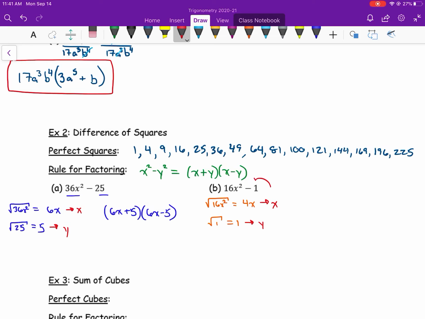All I'm doing is looking at this formula and plugging into it. Wherever I see x, I plug 4x in. Wherever I see y, I plug 1 in. So we get 4x plus 1 times 4x minus 1. Final answer, difference of squares.